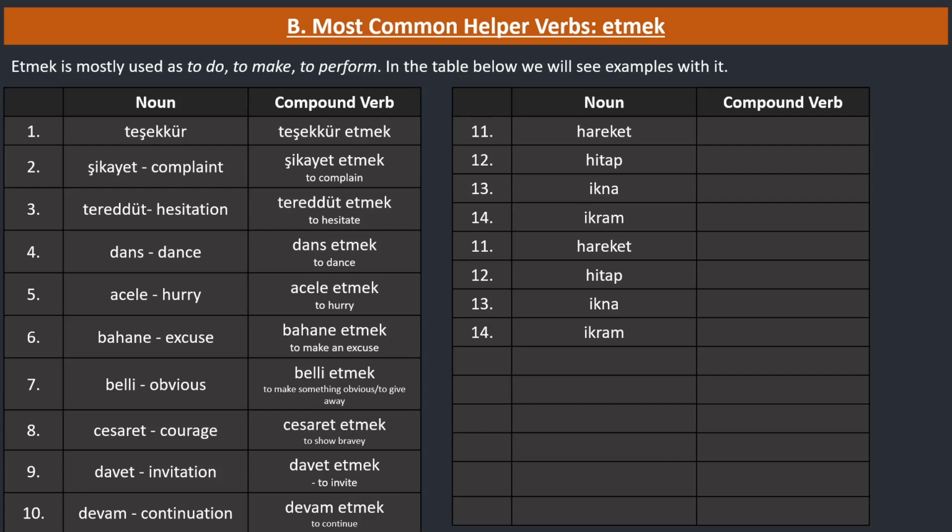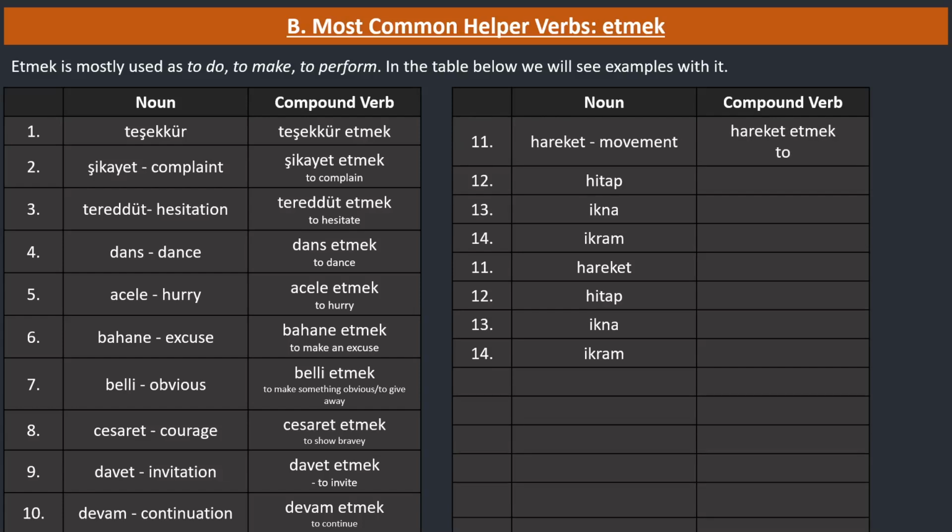Next one, hareket. As a noun, yes, it means movement. So when you do a movement, hareket etmek, to move, you move.